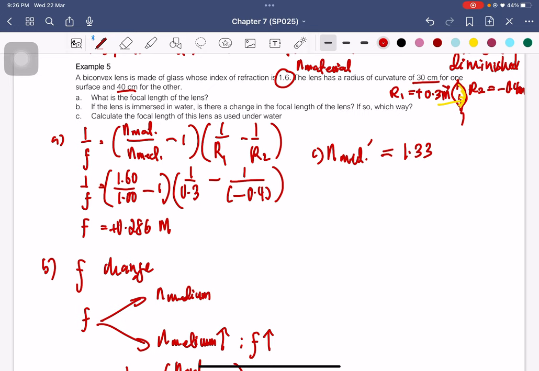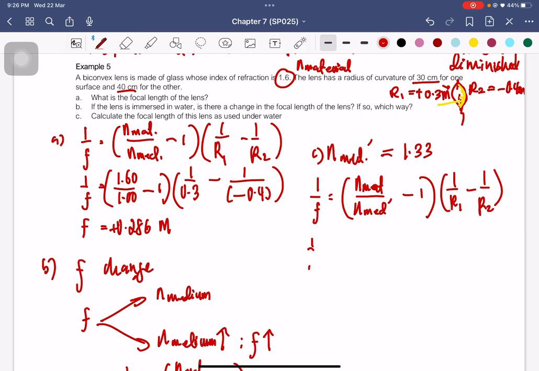From here we just have to again use the lens maker's equation. So n material over n medium minus 1, times 1 over R1 minus 1 over R2. The material is still the same, which is 1.6. This is 1.33 minus 1.